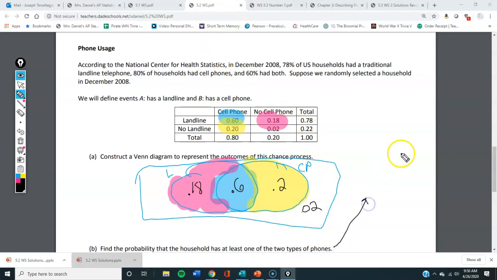So down here it says, find the probability that a household has at least one of the two types of phones. So that means you can either add these three up, right? And you get 0.98. Or you could have done 1 minus the people who don't have any and still get 0.98. All right? Them off the grid people. Sounds nice some days.